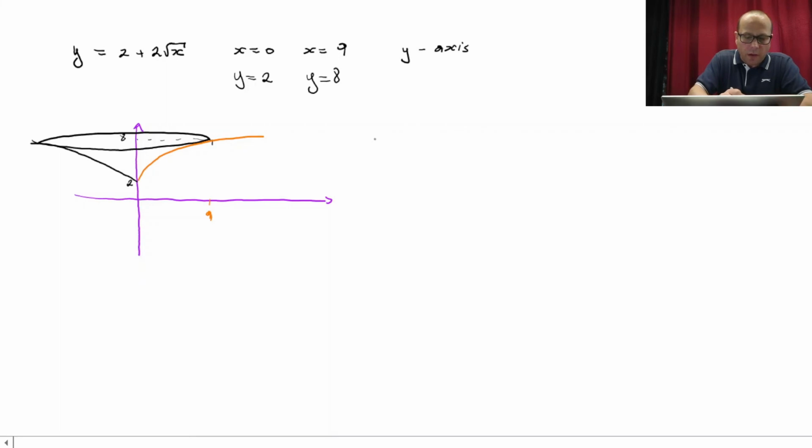So that volume V will be given by the integral between 2 and 8 of pi x squared dy. Now make x the subject, so x equals (y minus 2) squared over 4.